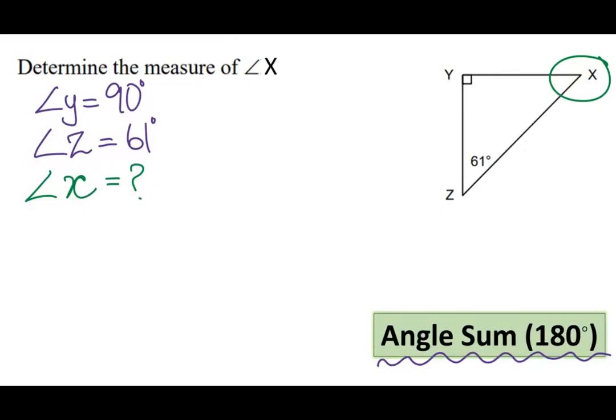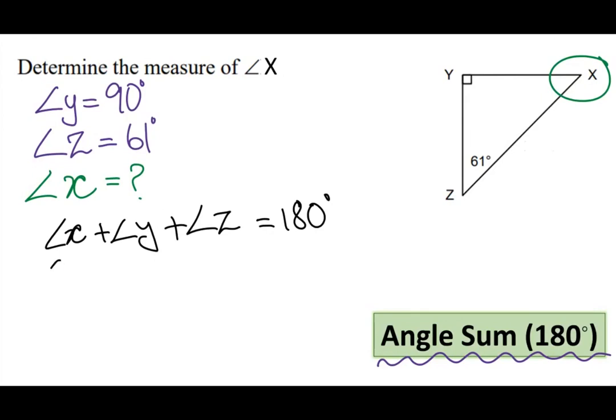Now let's write down our Angle Sum Theorem, which is that the sum of all angles is 180 degrees. So angle x plus angle y plus angle z is 180 degrees. Let's plug in the numbers and solve for angle x. We don't know what angle x is, so let's copy that down. We know angle y is 90 degrees.